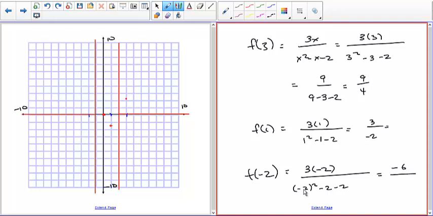Something's wrong here. Reason I'm going, because I get, oh yeah. See, I was getting a vertical asymptote there, and I knew I didn't have one, so I thought I must have done something wrong, which I had, because you have 4, -2 squared minus, and -2 minus 2.